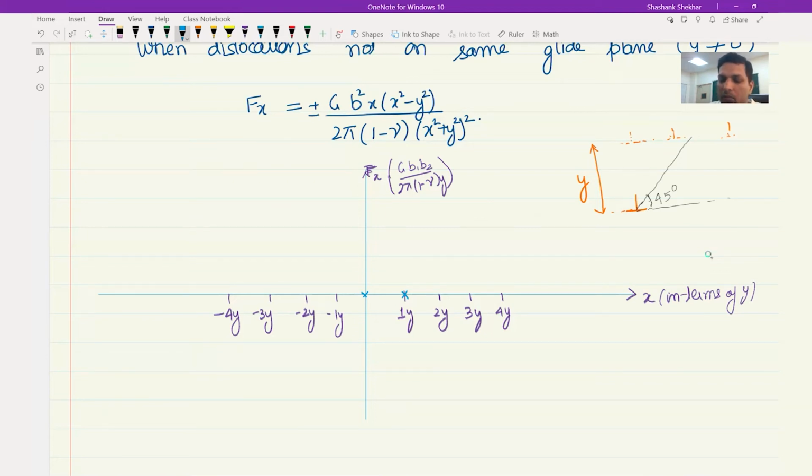Therefore, this whole thing becomes negative. So the force is acting in the other direction, to the dislocation as soon as it moves away from the 45-degree position. So assuming that there will be a minima somewhere over here because it has to come back to this, the force plot would look like this.